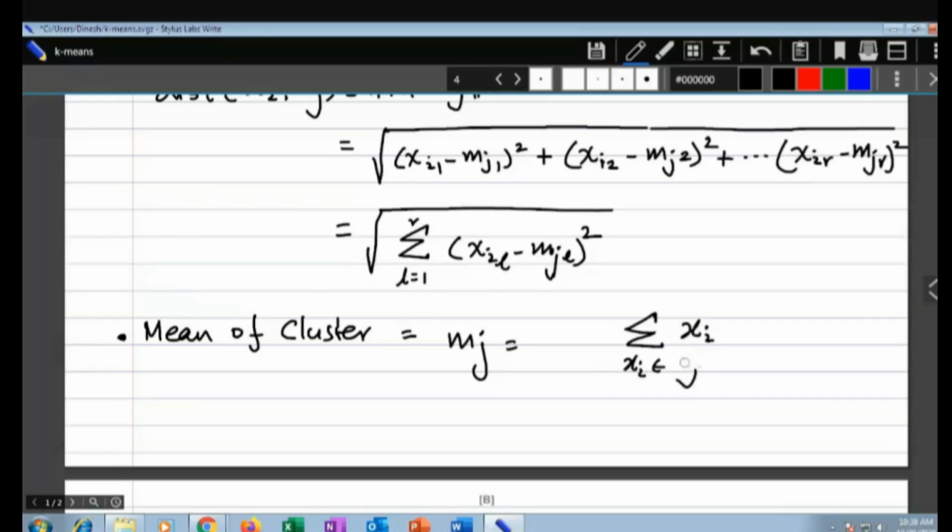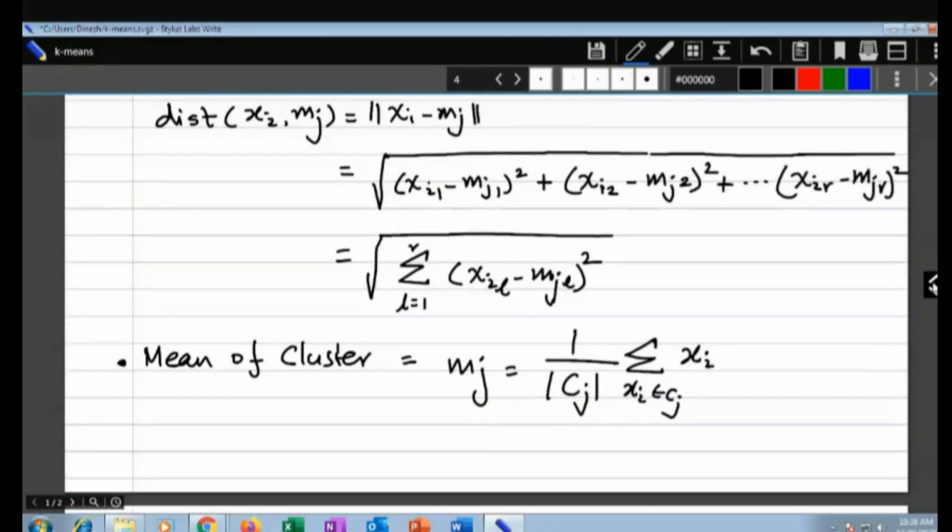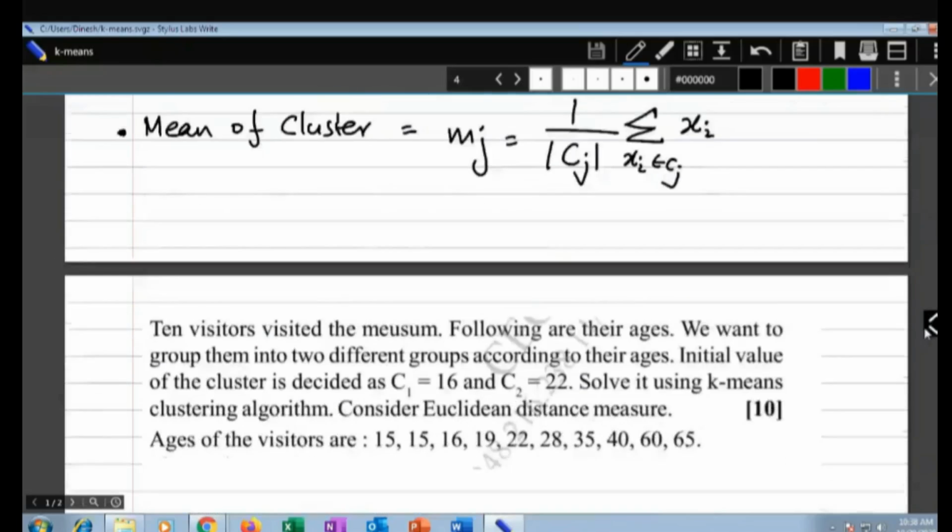Are you getting this? After you sum all the points, you take the average, so it will be 1 by the size of cluster j, and that will be your mean of cluster j. Like that you will find all the means of the clusters. So this is very straightforward and easy.